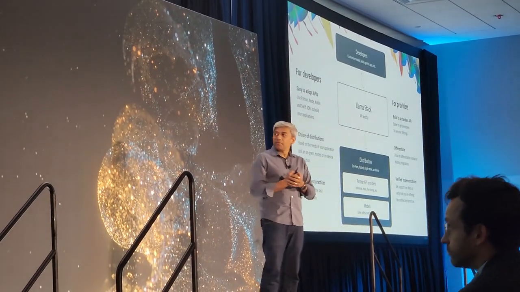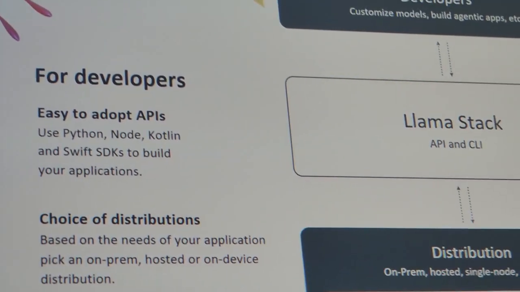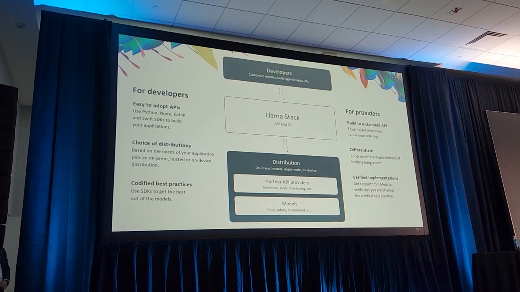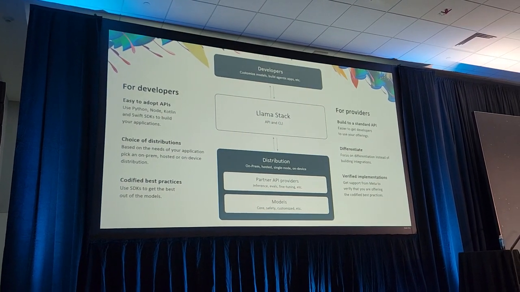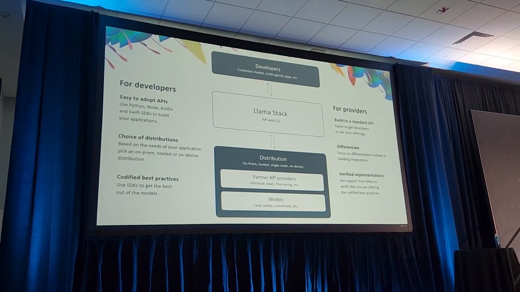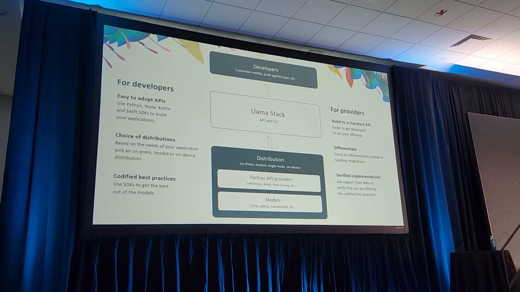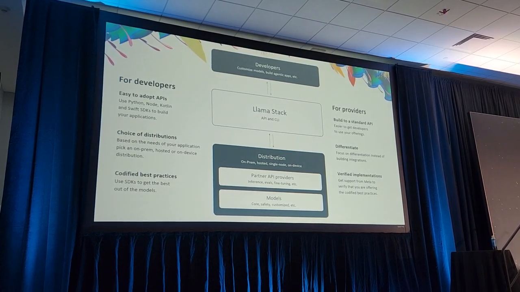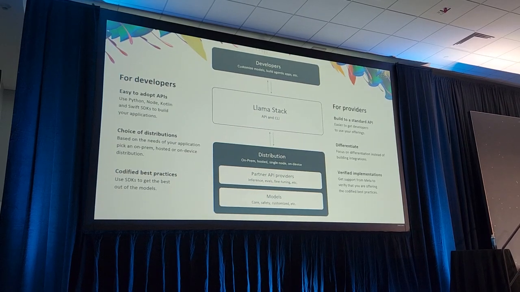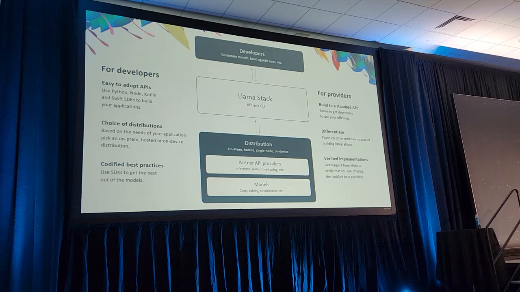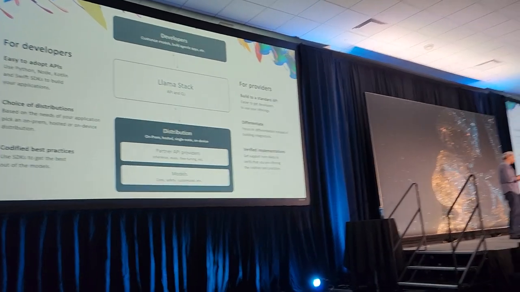So with Llama Stack, what we have found is that for developers, we have provided very easy to adopt APIs in multiple languages: Python, Node, Kotlin, and Swift for iOS apps as well. And developers have a choice of distributions that are already provided by our partners, or they can build their own, depending on whatever combination of API providers they like.